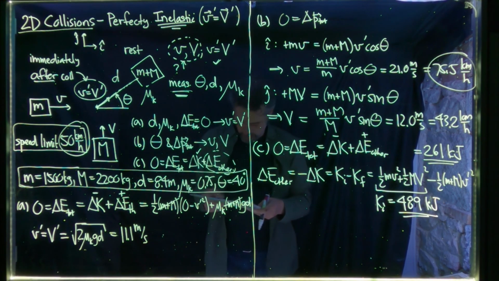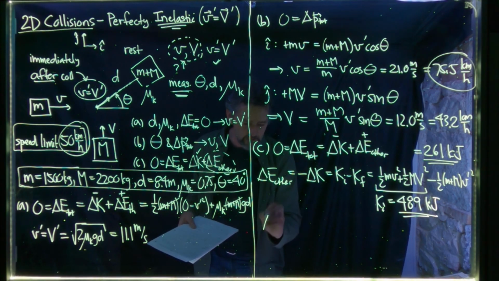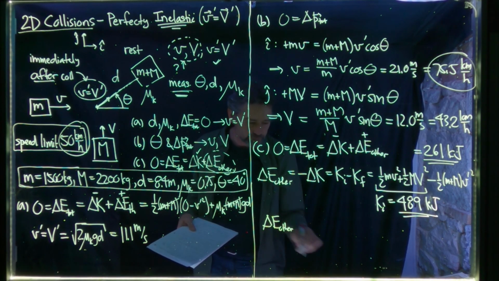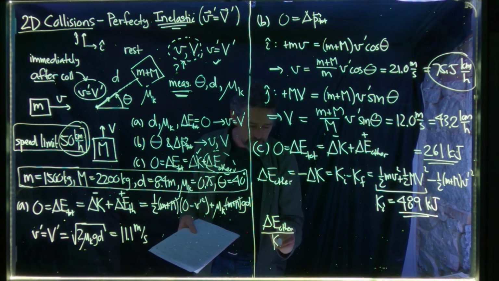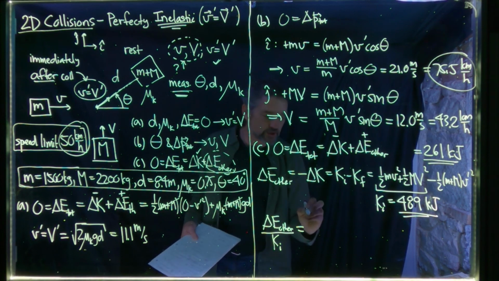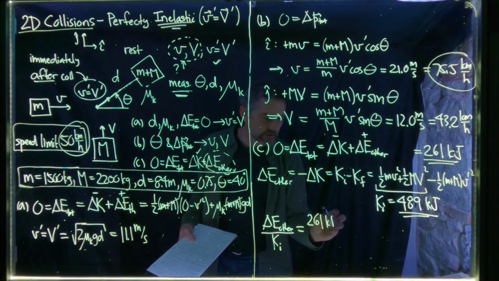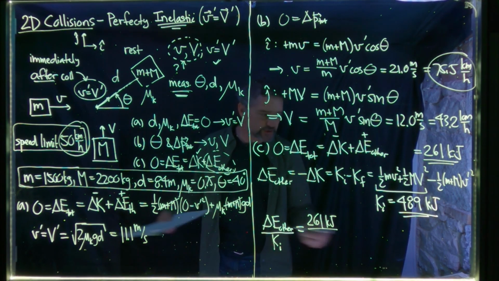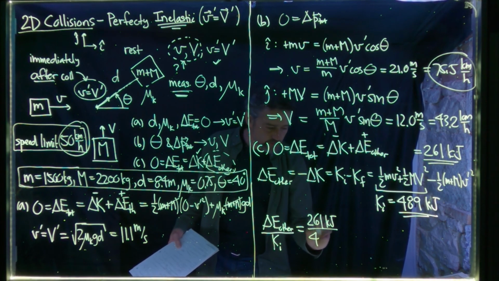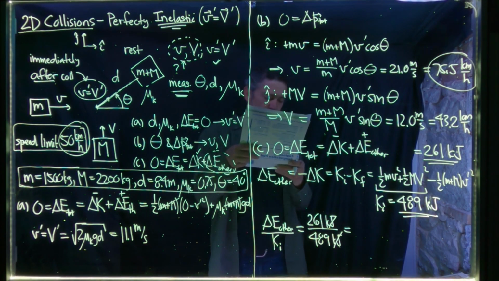Delta E other, divided by the original kinetic energy, what's that ratio? The amount of kinetic energy converted to other forms of energy is 261 kilojoules, divided by the original kinetic energy in the system, 489 kilojoules. Units cancel, we have a dimensionless ratio, and this ratio turns out to be 0.53.